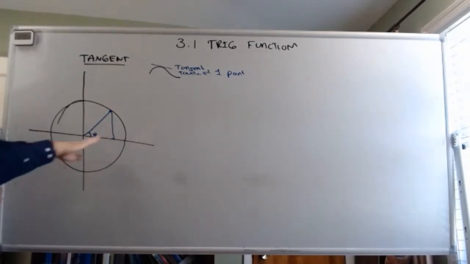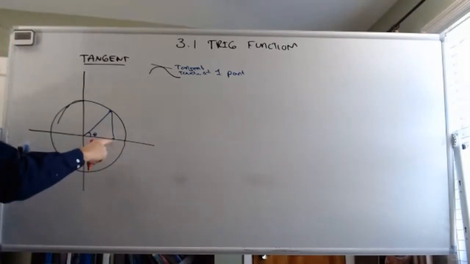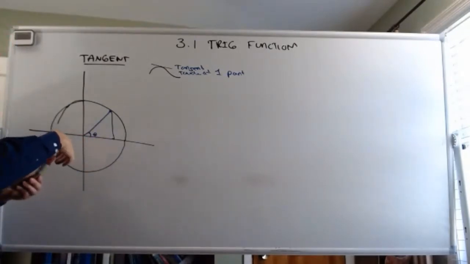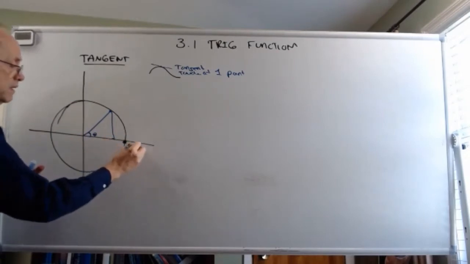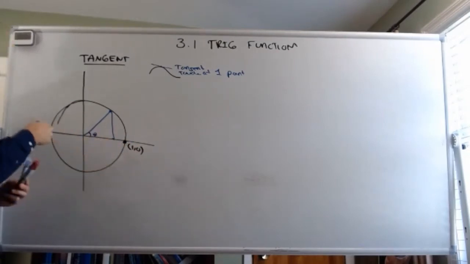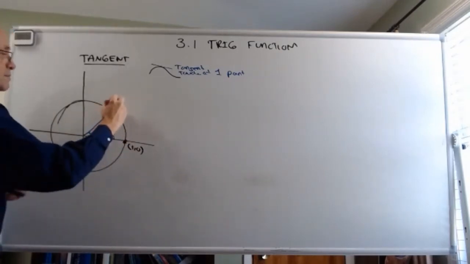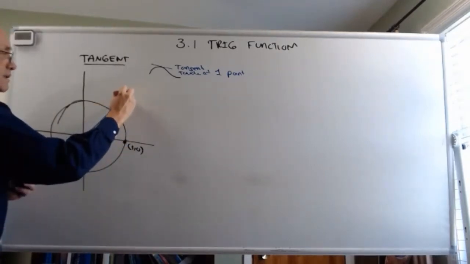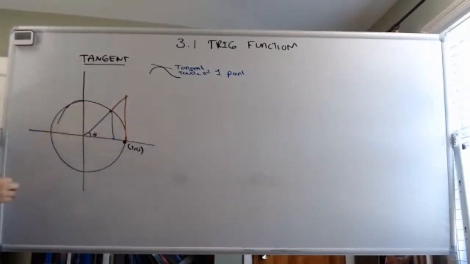But if we extend this out, and I extend my x out, because it's a unit circle, so this entire distance here is just 1. That's of length 1. So if I extend it out to here, this will form a similar triangle that looks like this. Okay, that's a similar triangle.